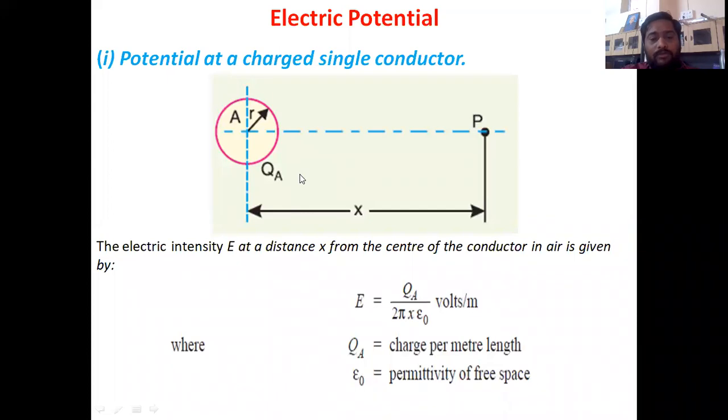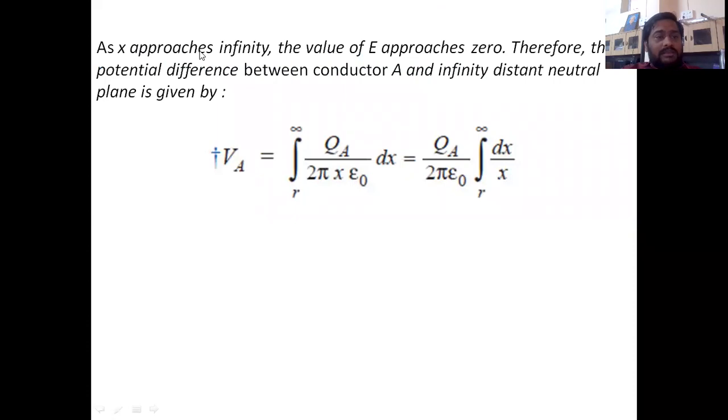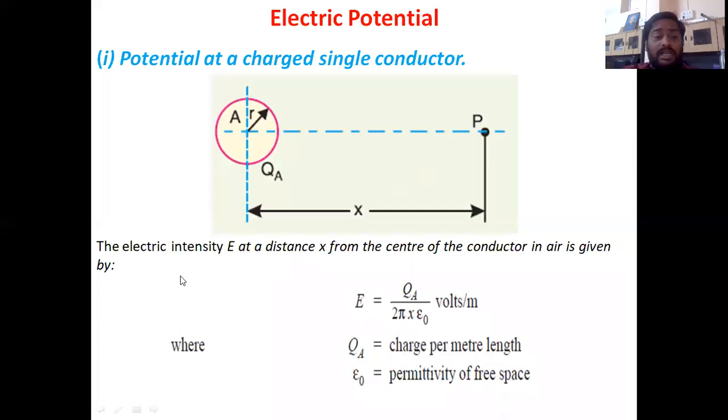This is the formula for the single charged current carrying conductor. Now, as x approaches infinity, the value of E approaches 0, where E is the electric intensity. When P goes to infinity, the distance between conductor A and P increases, the value of x increases, and E decreases, because electric intensity is inversely proportional to the distance x.